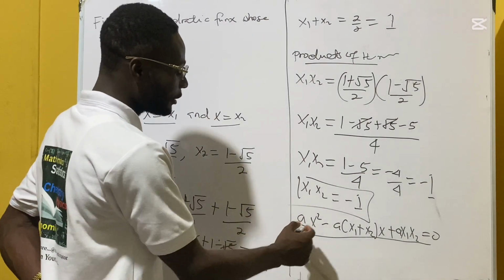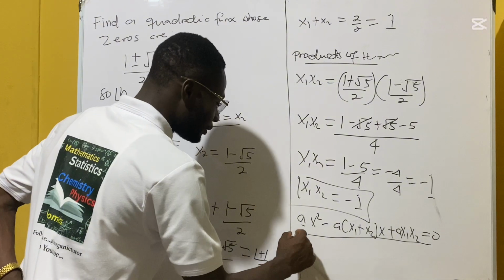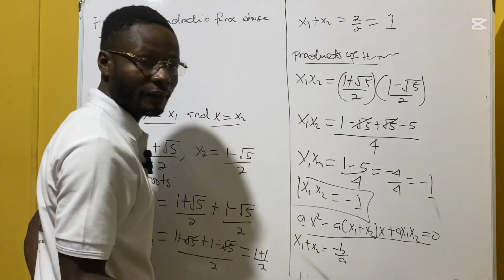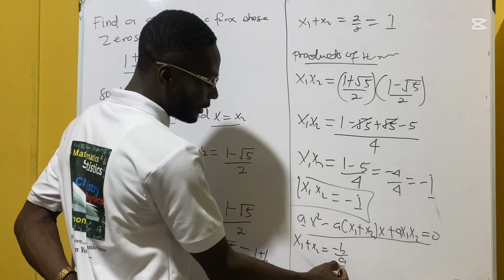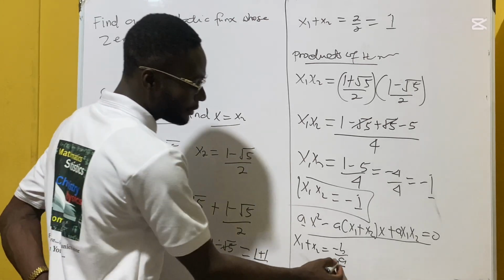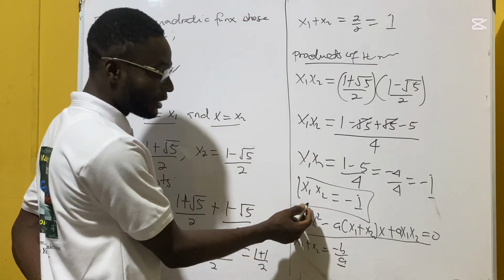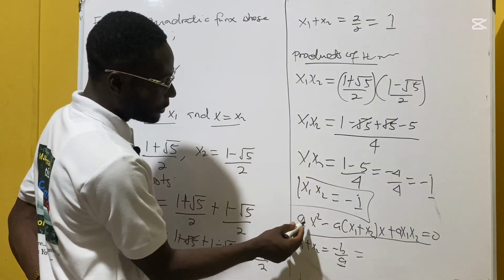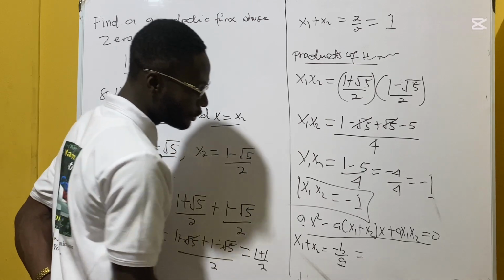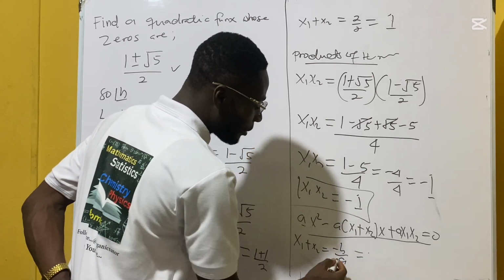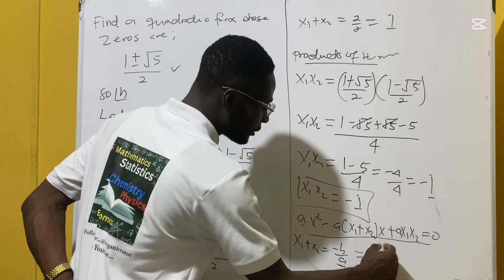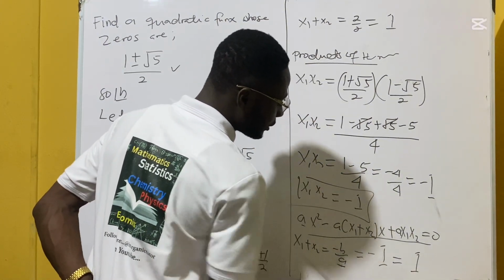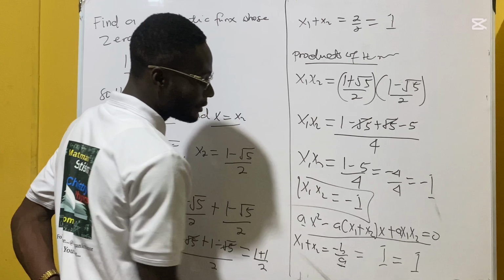Here we know that x1 plus x2 equals negative b over a, and our a is basically going to be 1, because from here we know that a has to be unity. So we have our b as negative 1, and our a is equal to 1.